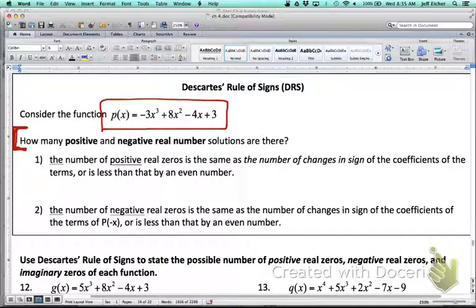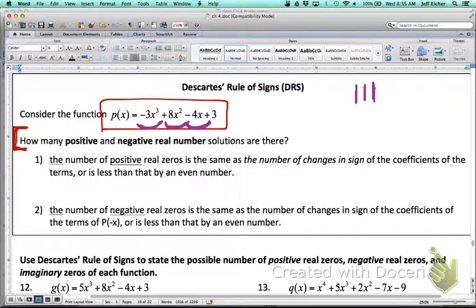So notice we have a negative 3, and then it changes to a positive 8. That's 1. I'll just keep my tally over here. That's 1 sign change. And then we have positive 8 to negative 4. That's another sign change, another tally, tick mark. And then we have negative to a positive 3. That's a third sign change.